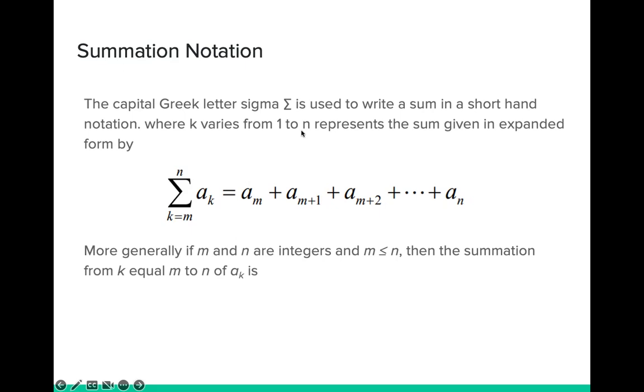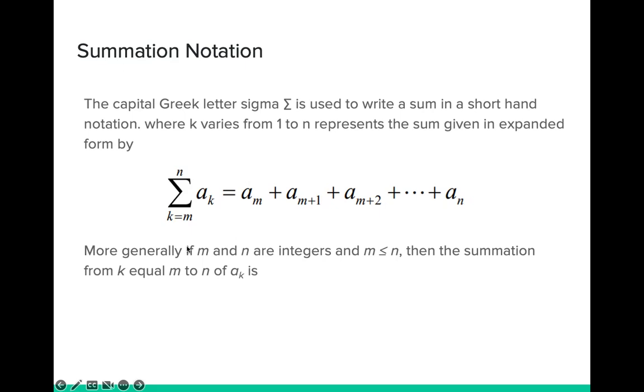And this may be expanded in the form a sub m plus a sub m plus 1 plus a sub m plus 2 until a sub n, where n is the upper limit.